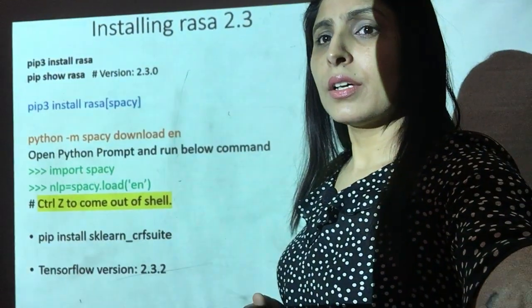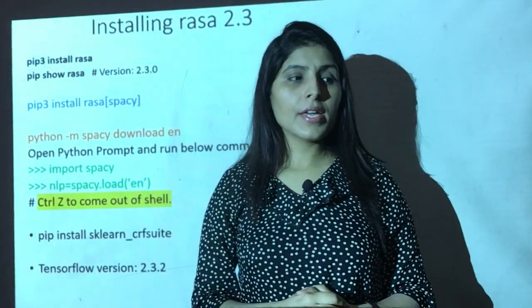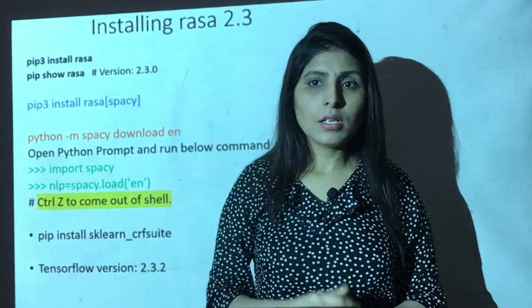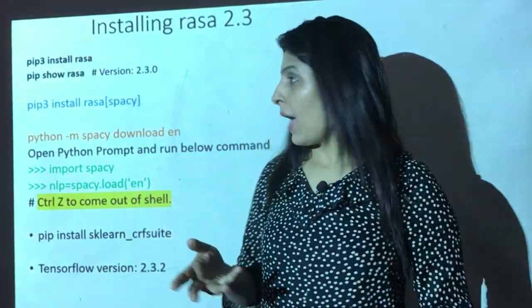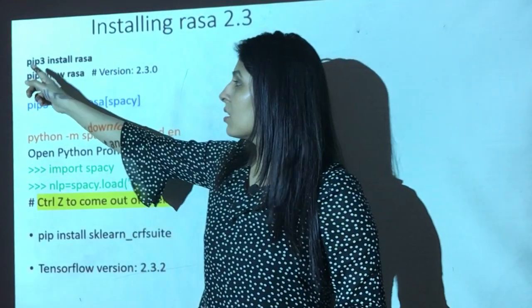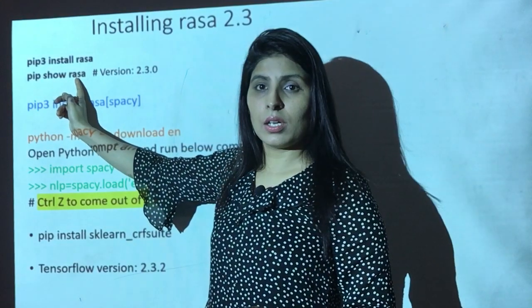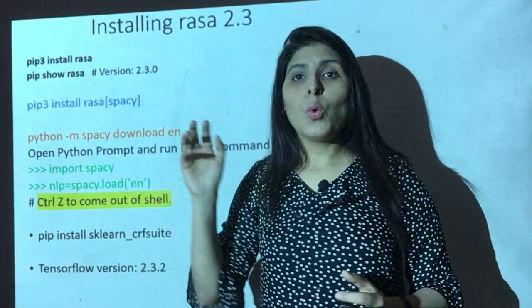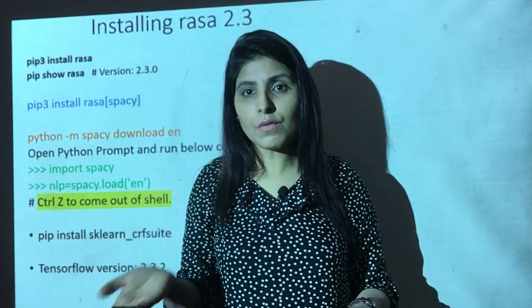For installing Rasa, you need to run this command: pip install rasa. Pip install rasa will install your Rasa, and then if you want to see the version of Rasa, just execute this command: pip show rasa. Pip show rasa will give you the version of Rasa which you are using.